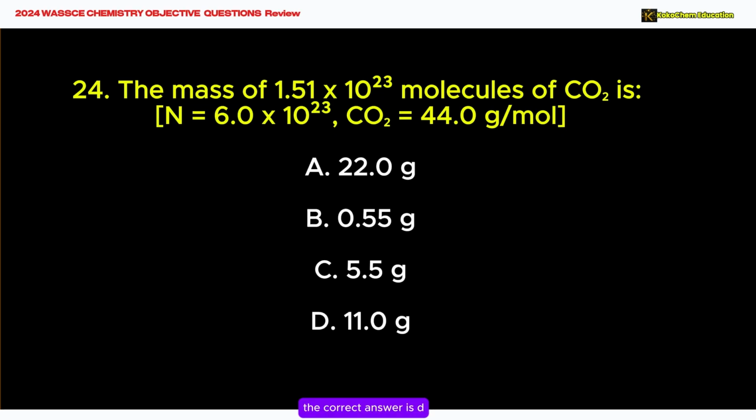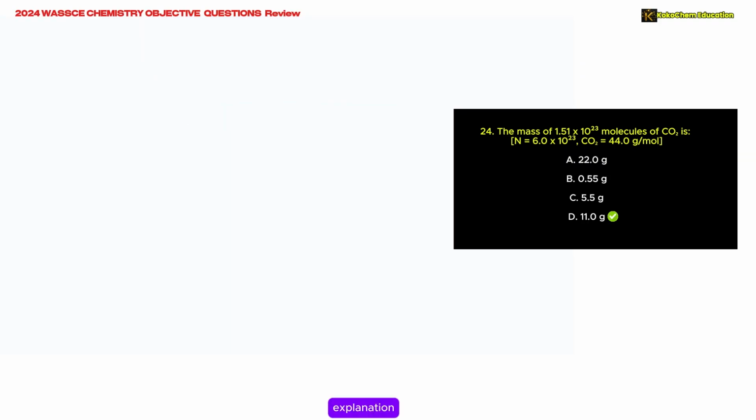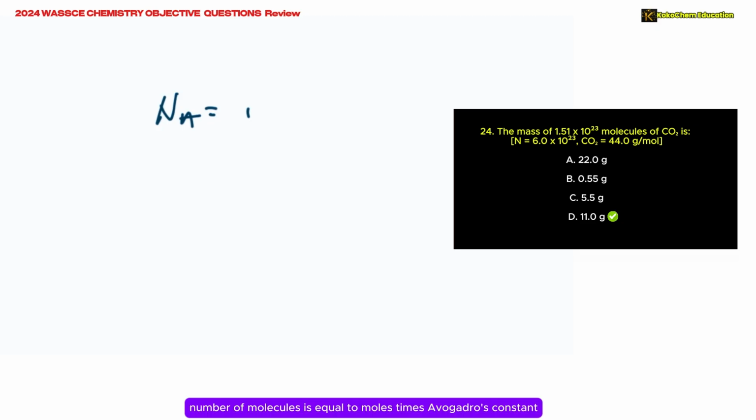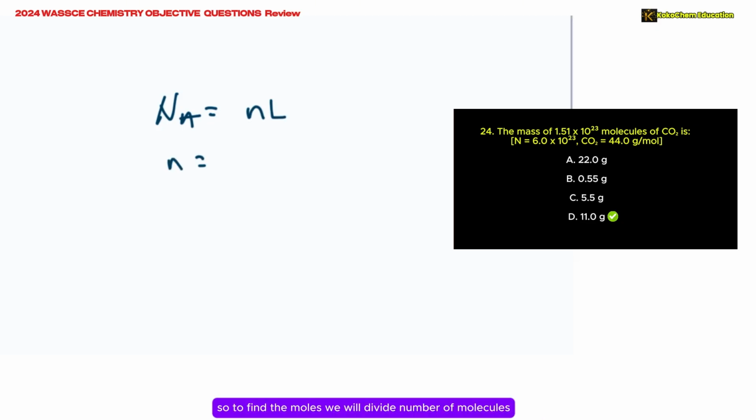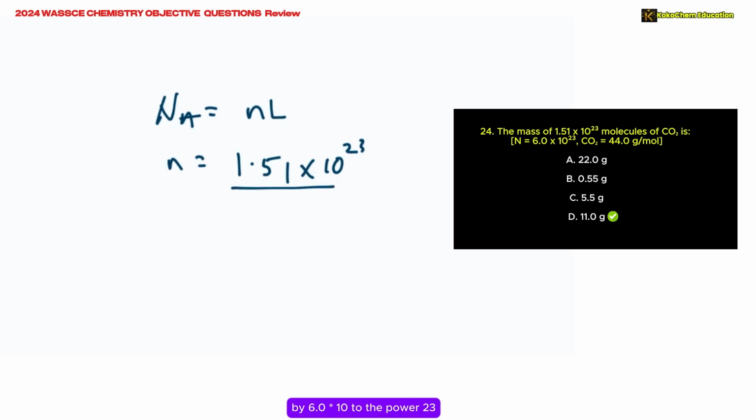The correct answer is D. 11.0 grams. Explanation. Number of molecules is equal to moles times Avogadro's constant. So to find the moles, we will divide the number of molecules, which is 1.51 times 10 to the power 23, by 6.0 times 10 to the power 23.